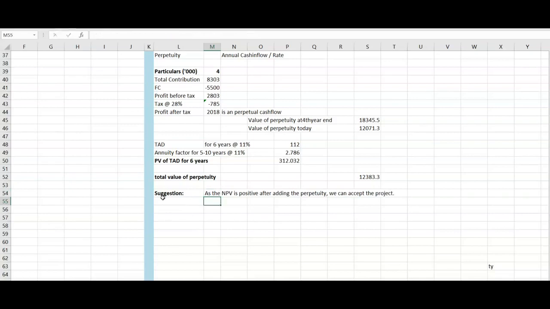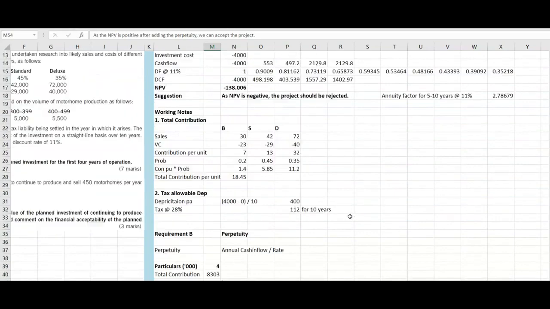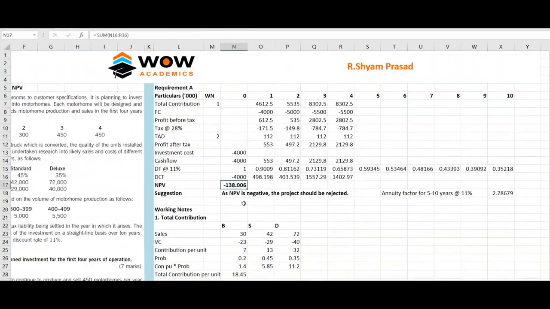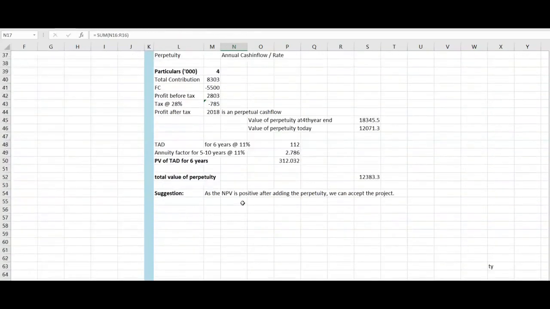So that's about the concept. How do we know whether the NPV would be positive? Because NPV was earlier negative by 138 and the perpetuity is like 12,000. So when you add both, it actually goes much higher. So that's why we have given this suggestion. So that's about this problem.